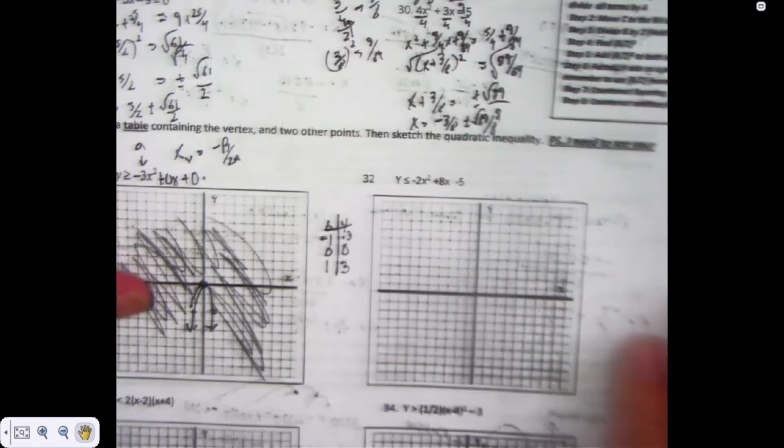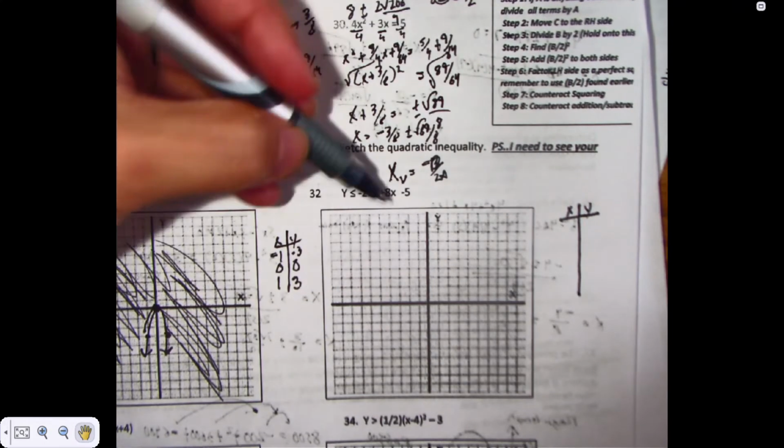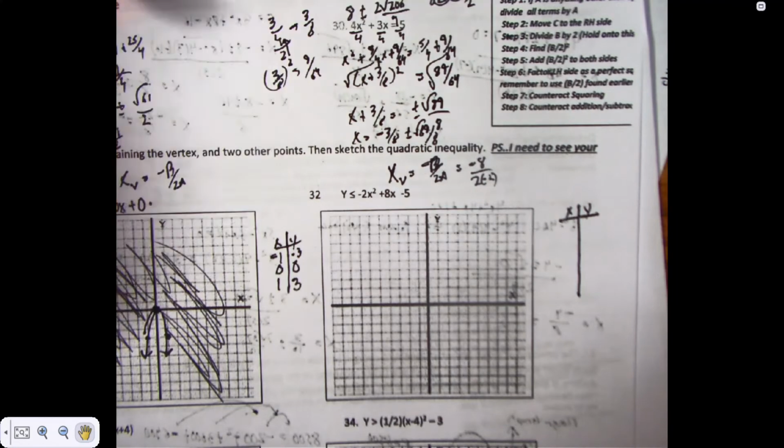Okay, what's up with this one? Also in standard form. I'm going to go after the vertex first. Again, the x-coordinate of the vertex is opposite b over 2a. So that'd be -8 over twice a -2, which is going to be what, 2?